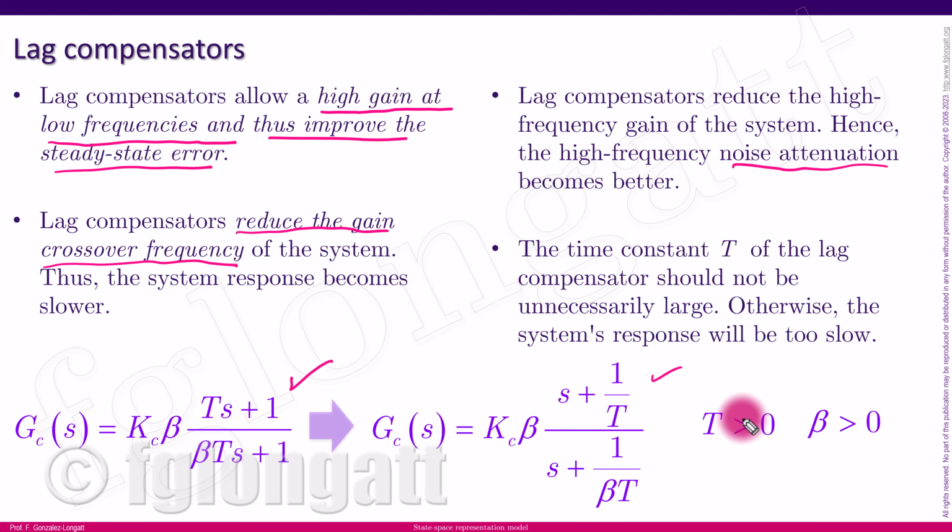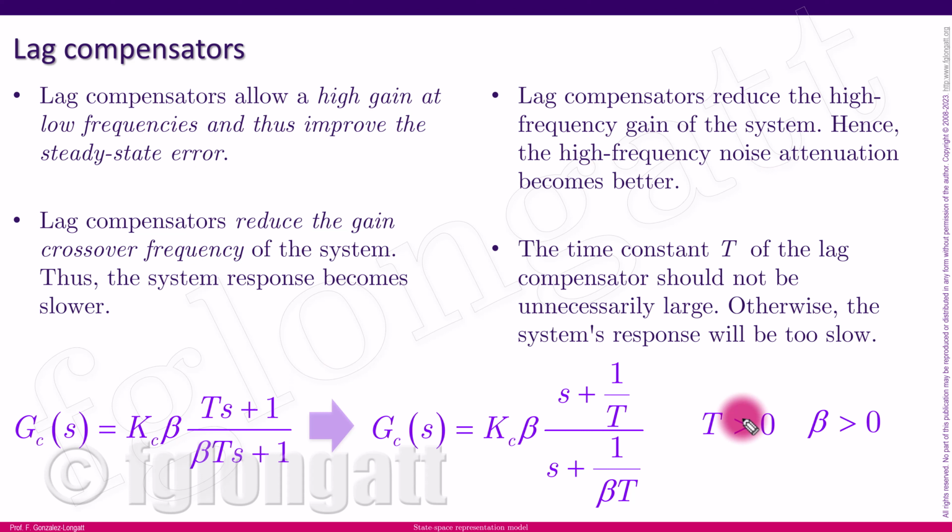In the lead controller, the zero is dominating the behavior. So in those controllers, they try to act faster, and that is the reason that we use a proportional differential controller. So they are very different, the lag and the lead compensators. However, the good idea is combining them, and we will do that in a few slides in this model, okay? But now, what is the practical job that we need to do here?